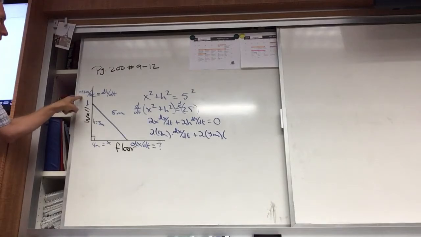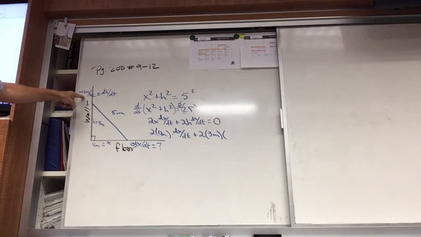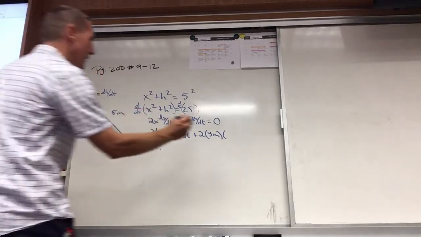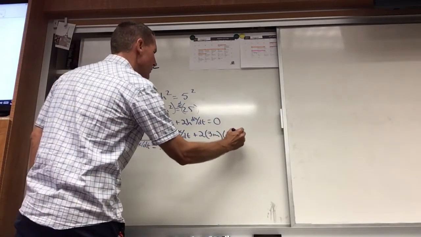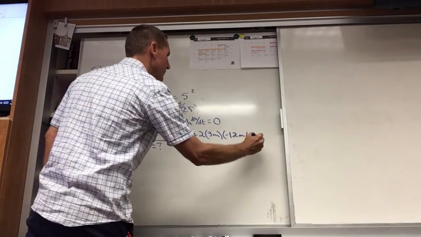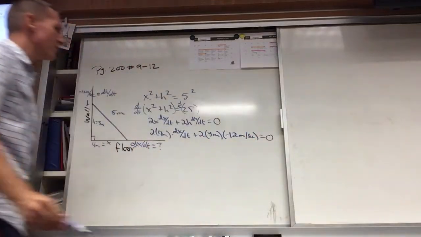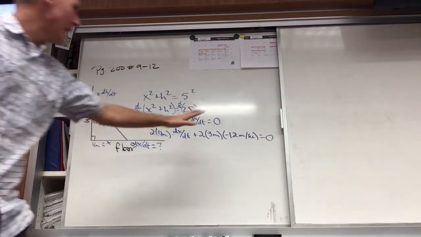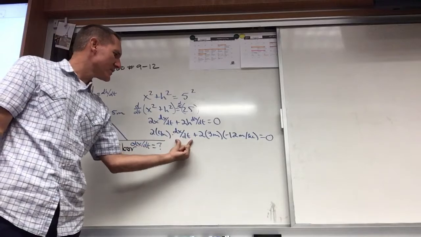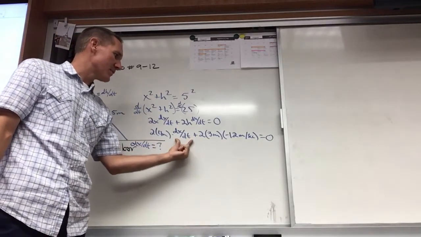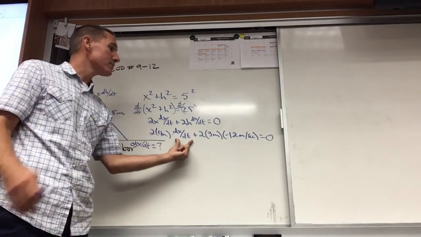Well, I was given that the top of the ladder slides down the wall at 1.2 meters per second, so therefore I was able to determine that dh/dt is negative 1.2 meters per second. So I'm going to put that down right here, negative 1.2 meters per second. And that equals 0. Well, now I only have one unknown quantity, and that's dx/dt. So that's the main variable that I'm solving for.